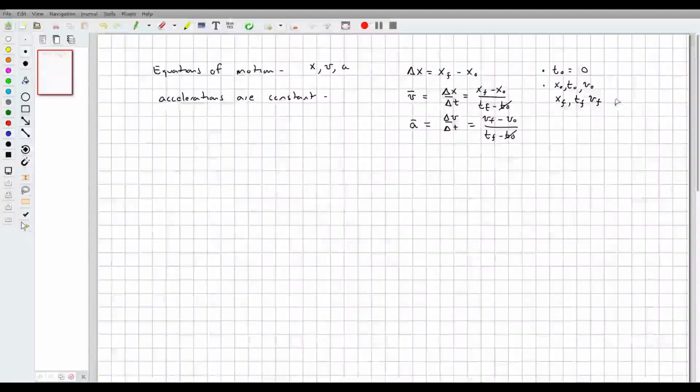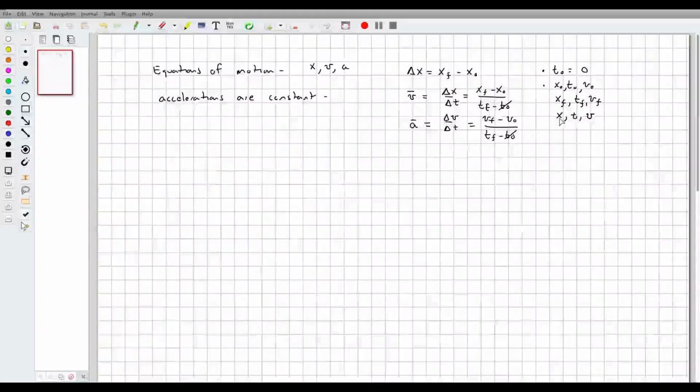It's understood that these are final quantities. This is your position at the end of the day. This is your time whenever you hit stop on the stopwatch. And this is your velocity whenever you stop your stopwatch. So it's understood that that's the case. So what I'm going to do is to call this just x, t, and v.